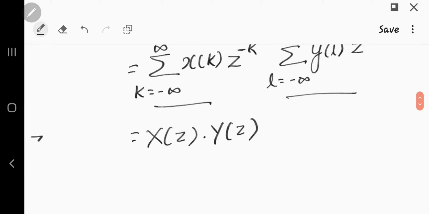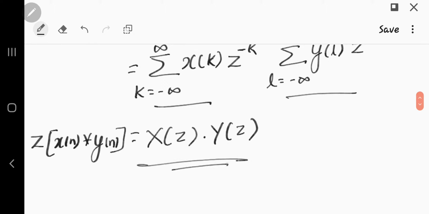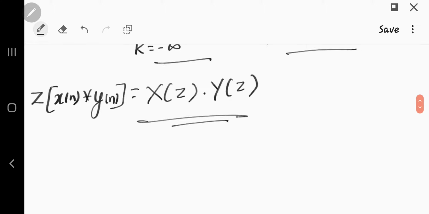And here we started with Z transform of x of n convolved with y of n. So hence the proof for the convolution property.